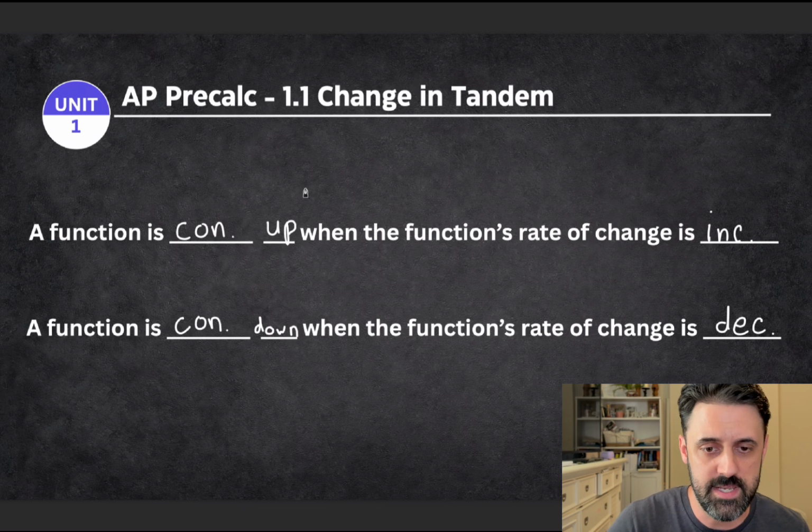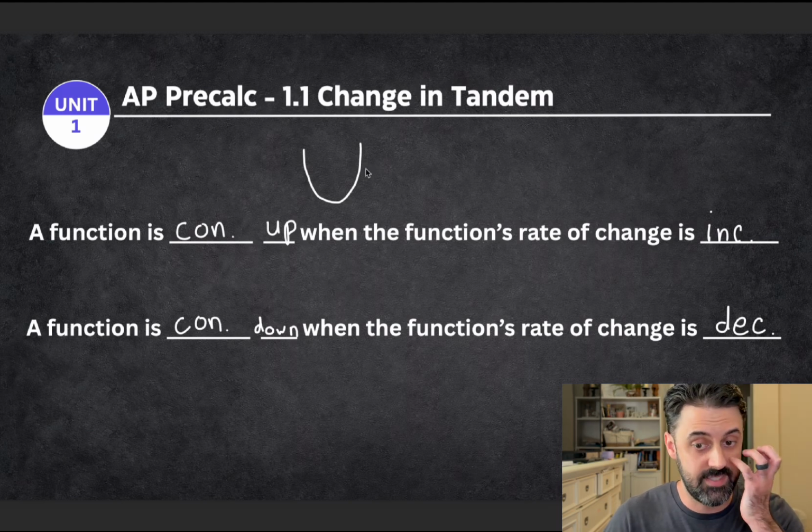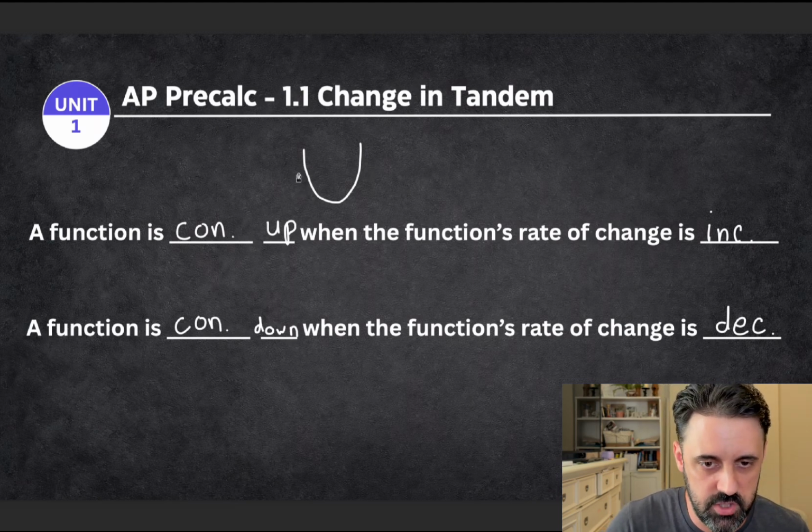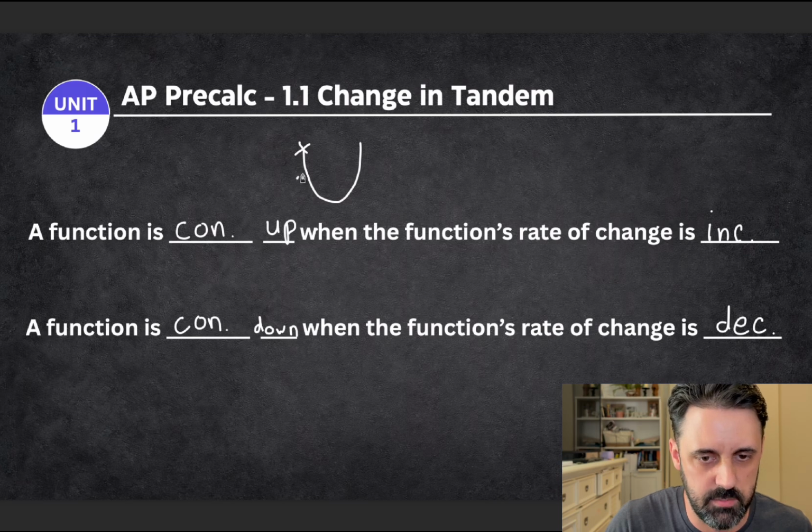So if we take a graph that's concave up like this one, what is this saying? Well, it's saying that the slope of the function is getting bigger as we move to the right. So if I took 2 points that are close together, like this point right here, and a second point kind of close, right about there, I'm just going to draw an X for those 2 points.